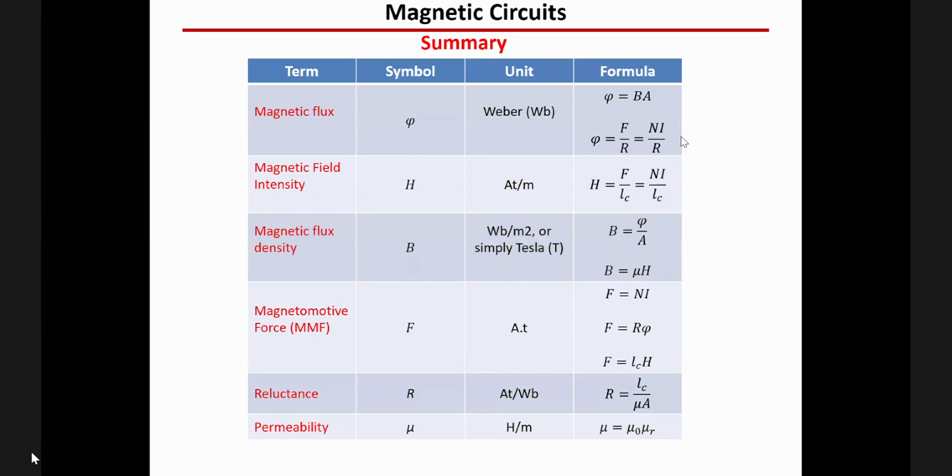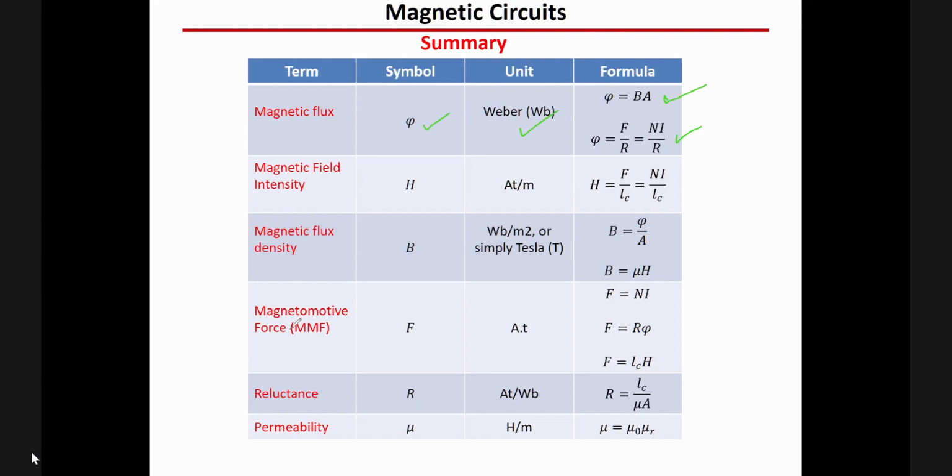Just as a summary, we're going to go through all the equations or concepts that we learned today about the magnetic circuit. Magnetic flux, the symbol is phi, and the unit is Weber. Flux is equal to BA, where B is the density and A is the area. Also, flux is equal to F divided by reluctance, where F is the MMF and R is the reluctance.